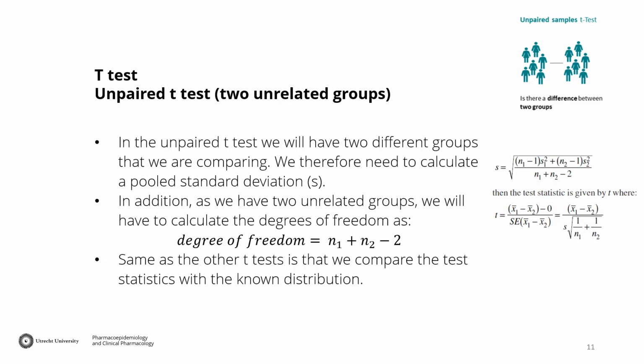Different from the other two t-tests, in the unpaired t-test we have to calculate a pooled standard deviation because now we have two different groups that we're comparing.